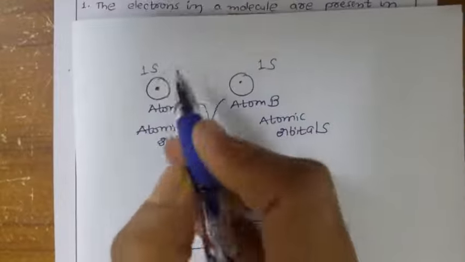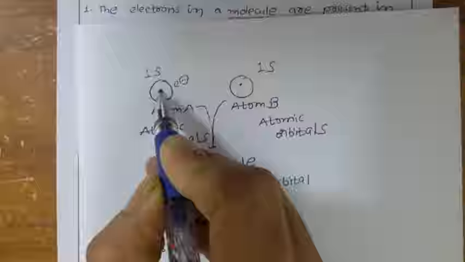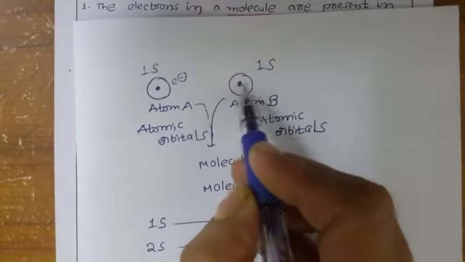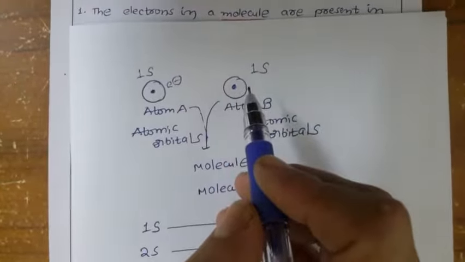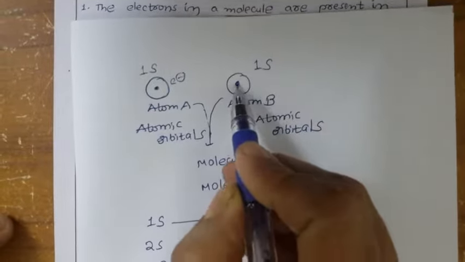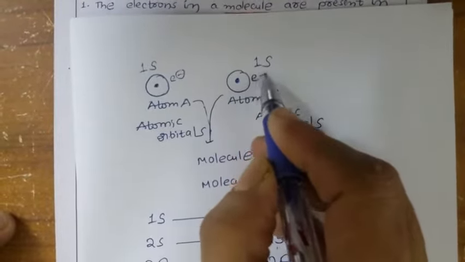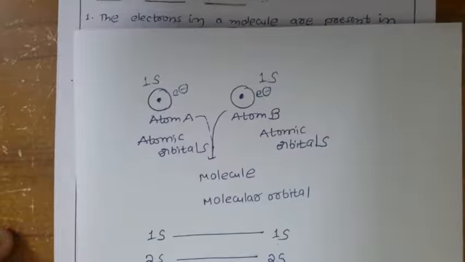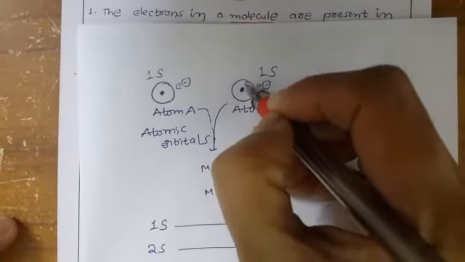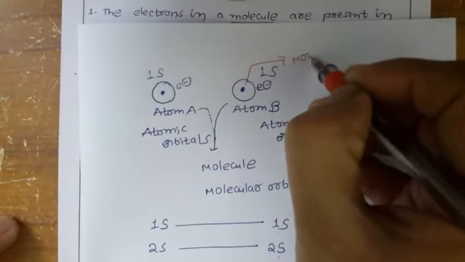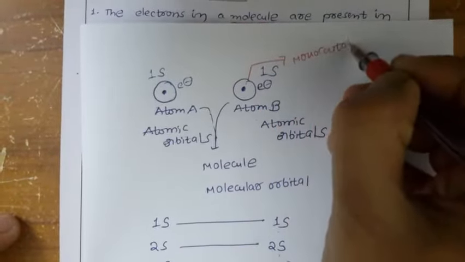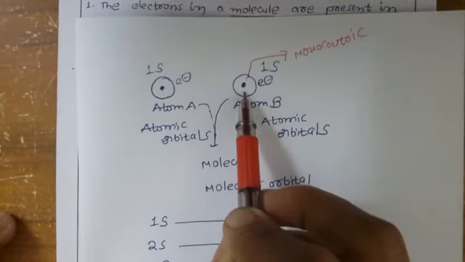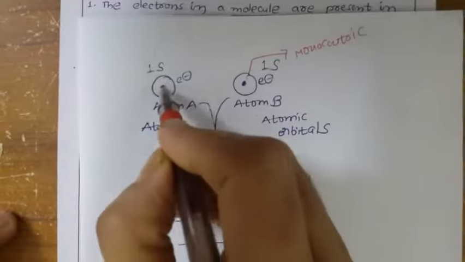Around the nucleus of atom A, an electron revolves, and around the nucleus of atom B, the electron revolves. Here the electrons are influenced by only one nucleus, so we call this monocentric. In case of atoms, the electron is influenced by a single nucleus, so it is called monocentric.